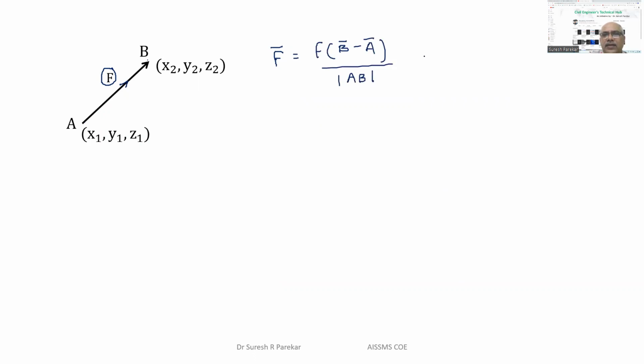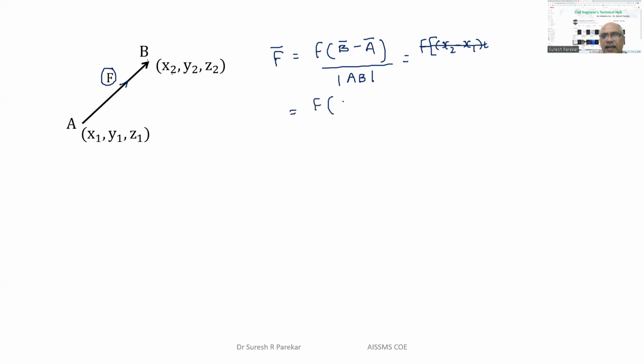Then we can write this as F in brackets. Now for B bar and A bar, we have x2, y2, z2 and x1, y1, z1. So we will write it below, which will be better.